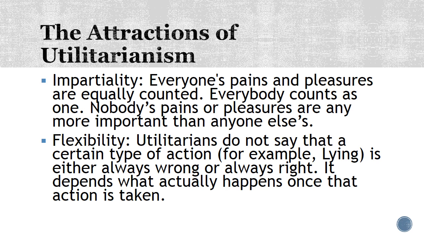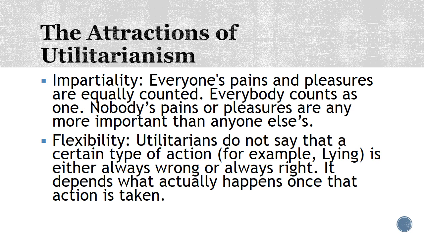Second, flexibility. Utilitarians don't say that a certain type of action, for example, lying, is either always wrong or always right. It's going to depend on what actually happens once that action is taken. Not all lies, for example, may be morally wrong. Only those that tend to, or that in fact have bad consequences.